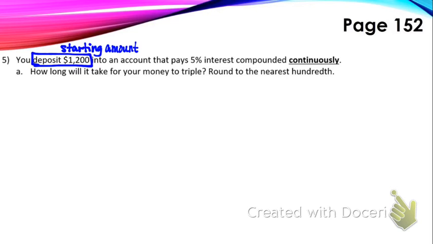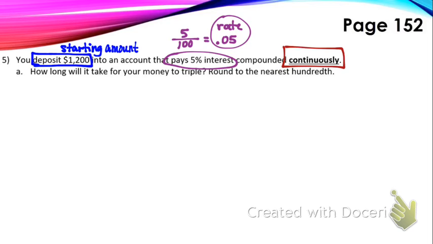What happens to it over time? Pays 5% interest, so I do 5 divided by 100, 0.05. Here's my rate. Compounding continuously. A equals P, there's that number e again, to the power of RT.